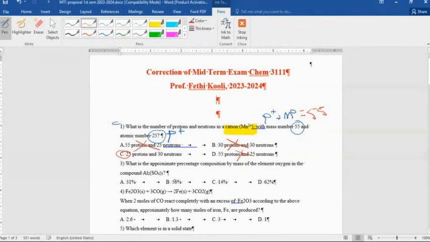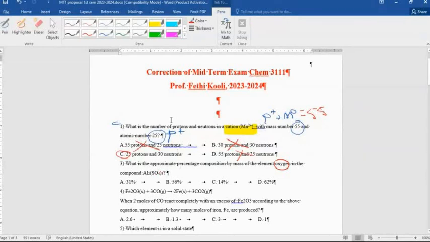Right, the next question, he asked me: what is the approximate percentage composition by mass of the element oxygen in the compound aluminum sulfate?